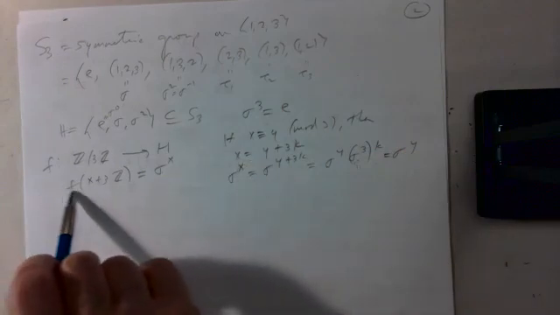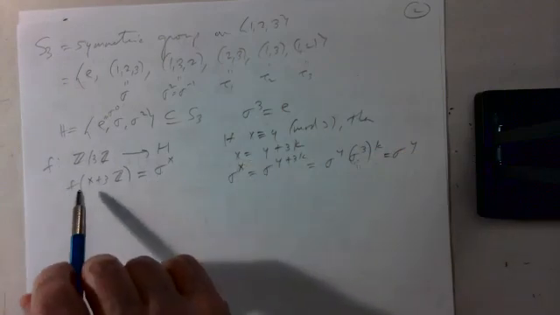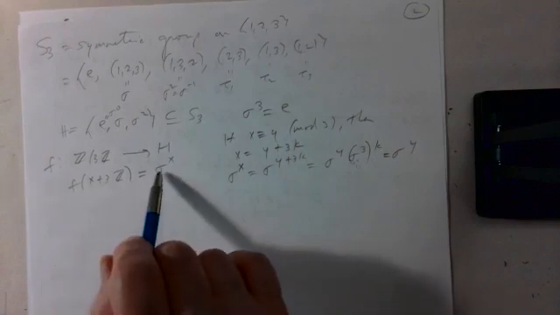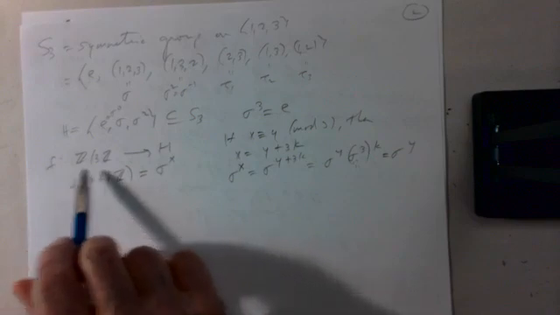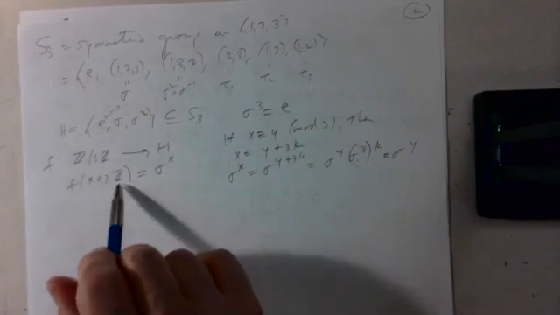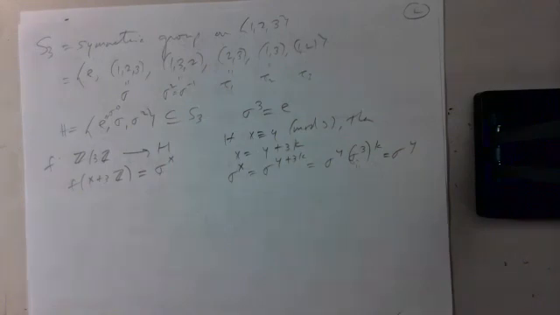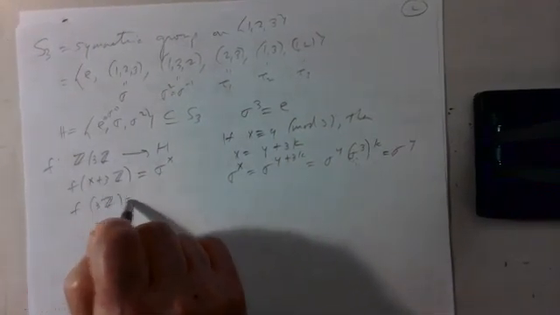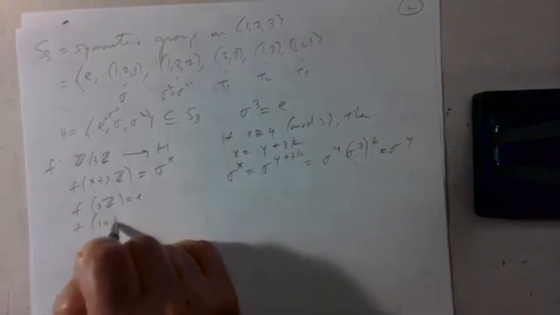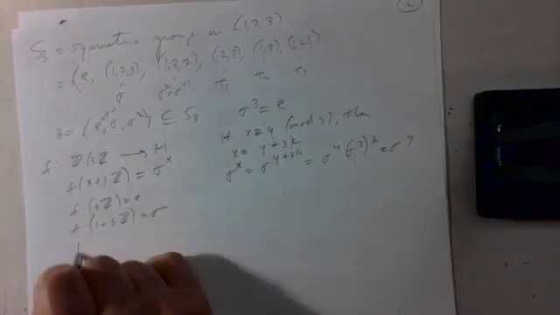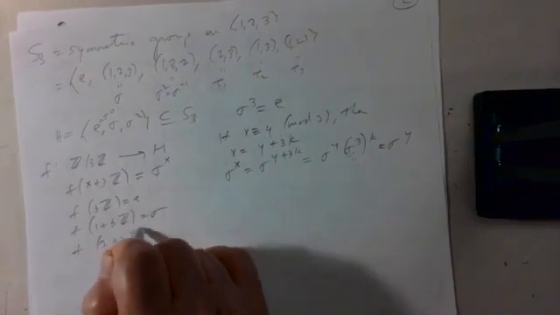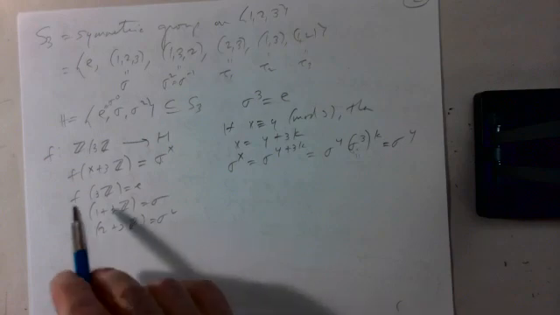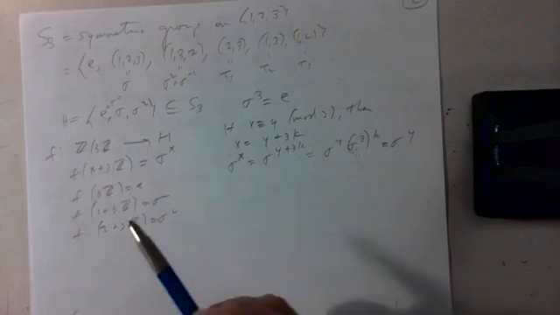So this map is well defined because every element in this congruence class gets mapped to the same permutation in H. This is a well-defined function because sigma has order 3. So f of 3Z is the identity, f of 1 plus 3Z is sigma, and f of 2 plus 3Z is sigma squared. So this function is one-to-one and onto.